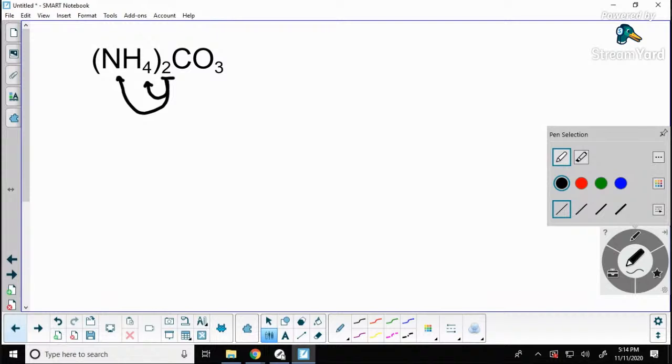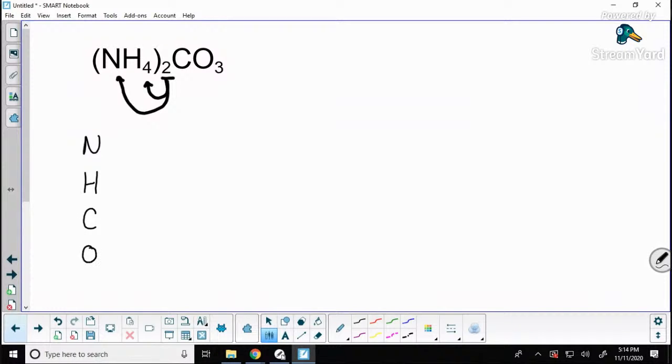So for this particular compound, ammonium carbonate, I'd have nitrogen, hydrogen, carbon, and oxygen. Nitrogen, I would have 2 times 1 for 2 total nitrogens, 2 times 4 for 8 total hydrogens, then just 1 carbon and my 3 oxygens.